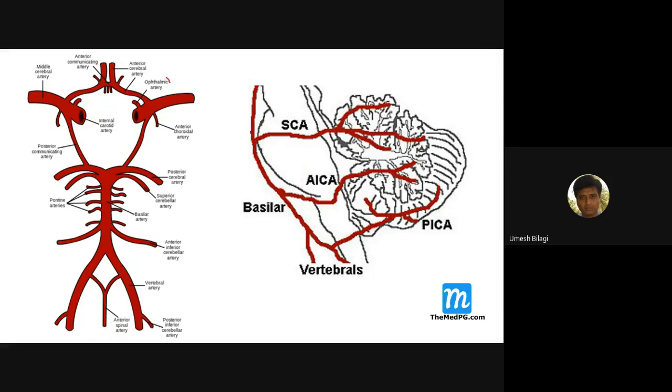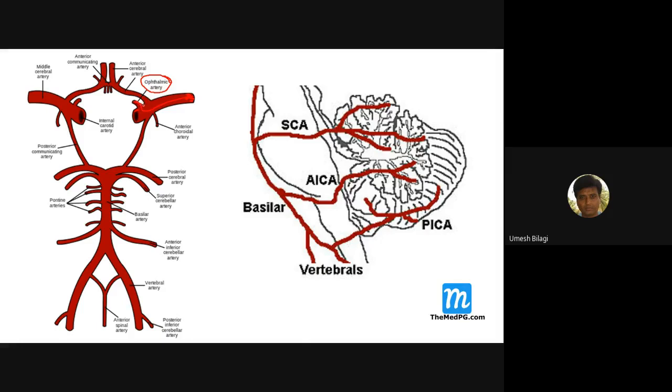And this one you always remember. There is ophthalmic artery, which is actually a branch of internal carotid artery, and it has got some clinical importance. Internal carotid artery gives rise to ophthalmic artery, which goes and supplies the retina of the eye. So if there is a block in the carotid here, it can throw an embolus into ophthalmic artery.